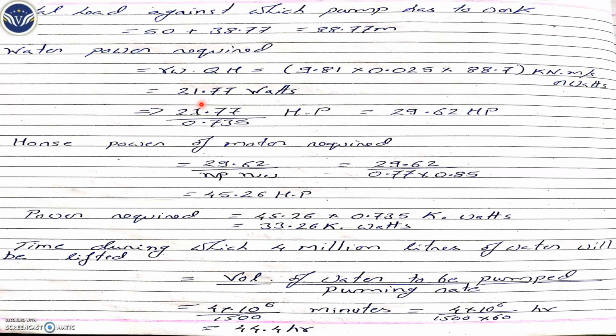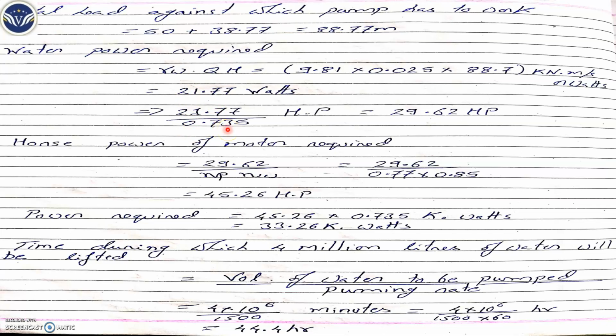So first we are finding out the water power value. So first we are putting rho g Q into H. So rho g is nothing but 9.81. Okay. So Q is 0.025, which we found earlier itself. So H is 88.77. So that will be the value around 21.77. So 21.77 divided by 0.735.